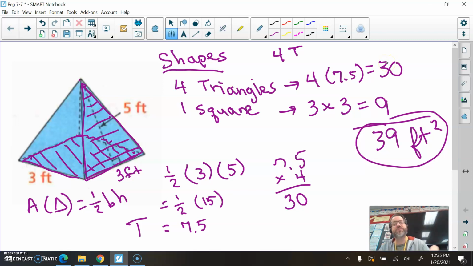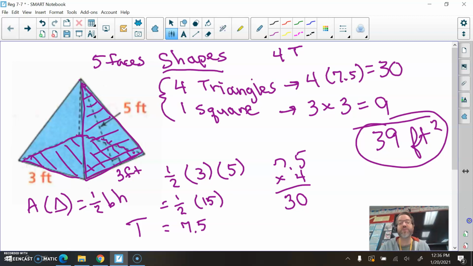And then what people tend to forget is they forget also to find the area of that square and add that on, because we do have a total of 5 faces. 4 are triangles, all of them identical to each other, and then 1 square. Find the area of those 5 faces, add them together to get your total surface area.